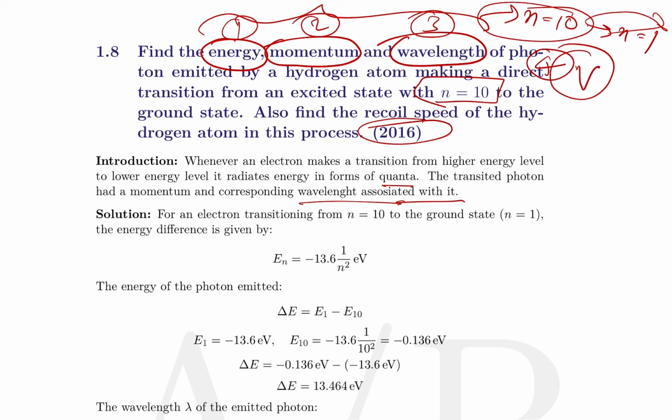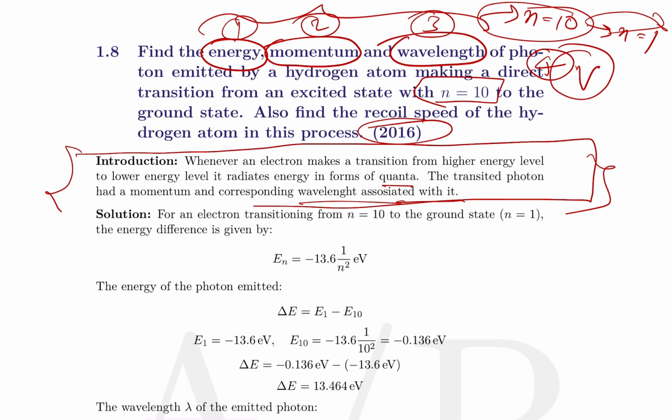The introduction hits the demand of the question and states that whenever there is such a transition, energy is radiated in the form of quanta. Now the examiner knows that we know the fundamental concept behind the question asked.